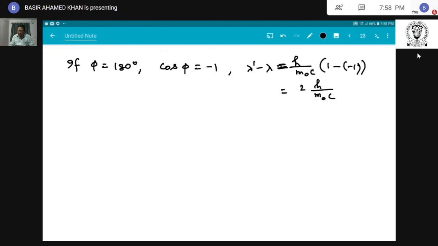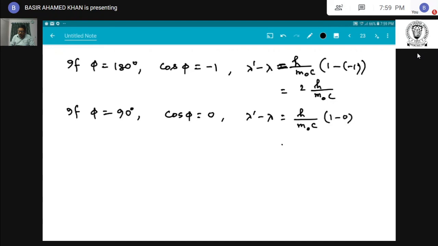And if phi equals 90 degree, cos phi equals 0, and then lambda prime minus lambda equals h by m0c into 1 minus 0, that means h by m0c.